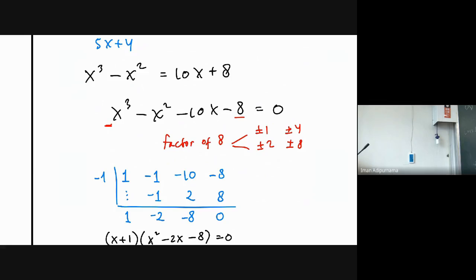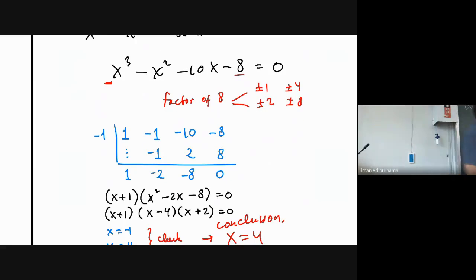But I think directly approach the factors of 8, try some easy number, and having it become 0, then we can make sure that this is our factor. Okay? So x plus 1 is our factor, and we can simply factorize the other parts here.